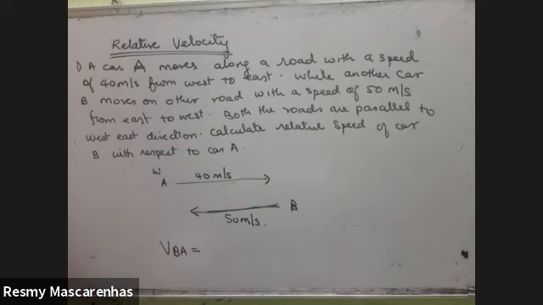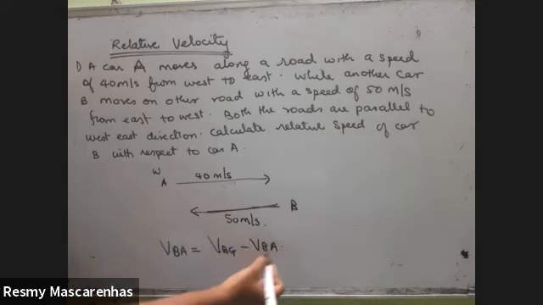Anybody remembers what the VBA formula is? It is VBG minus VAG, velocity of B with respect to ground minus velocity of A with respect to ground. What is the velocity of car B with respect to ground? 50 meters per second.